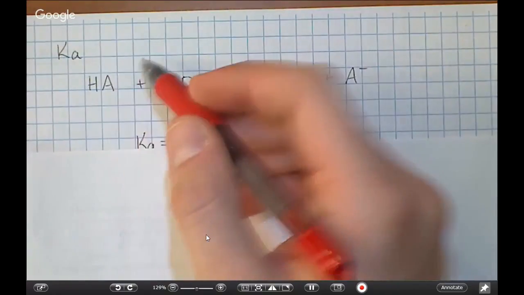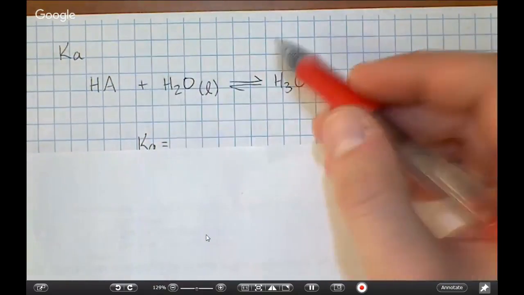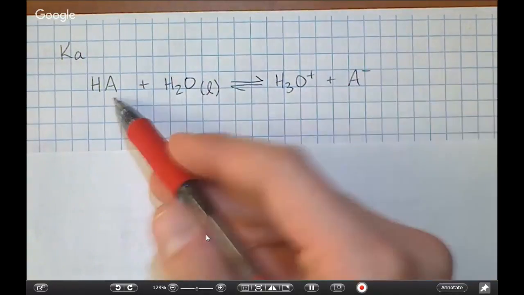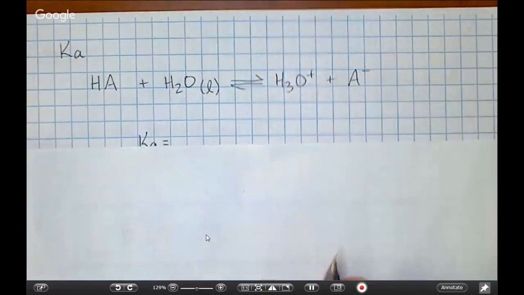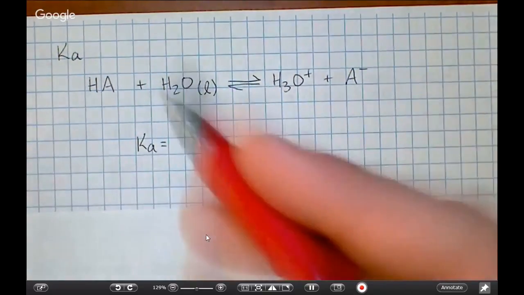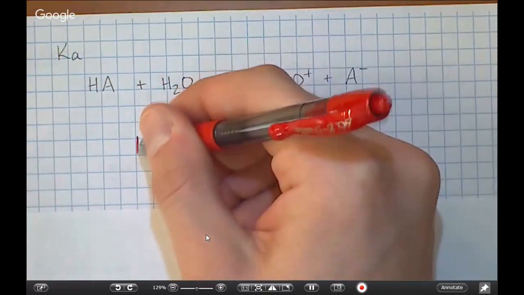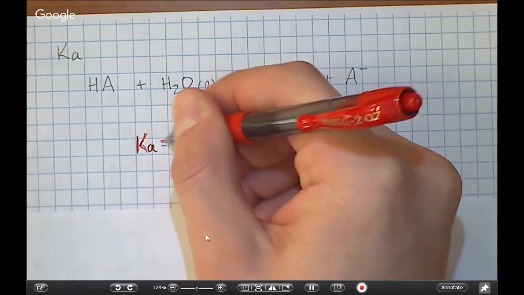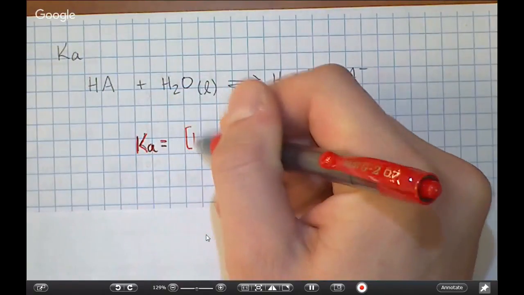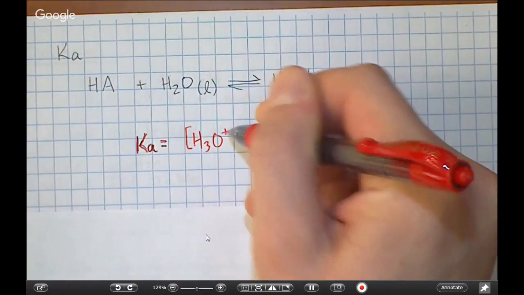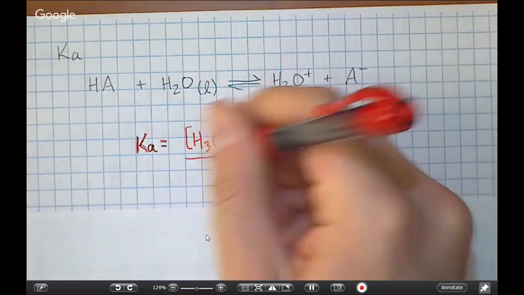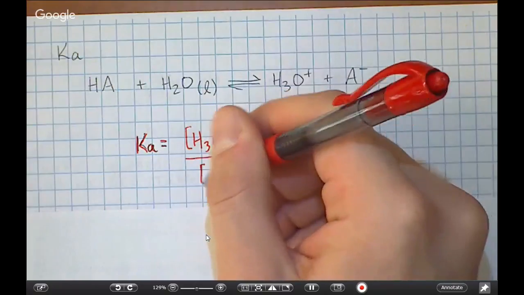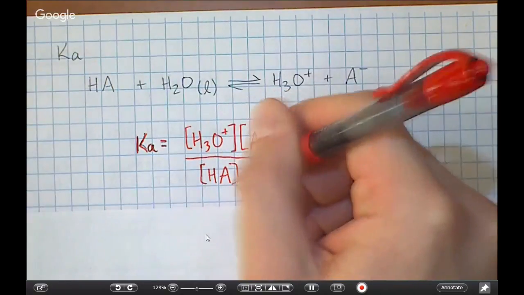So by the Bronsted-Lowry definition, water accepts a proton to make hydronium, and the acid donated that proton, so now we get A minus. If we set up the equilibrium expression for this, the Ka would be equal to the concentrations of hydronium times A minus over the concentration of HA.